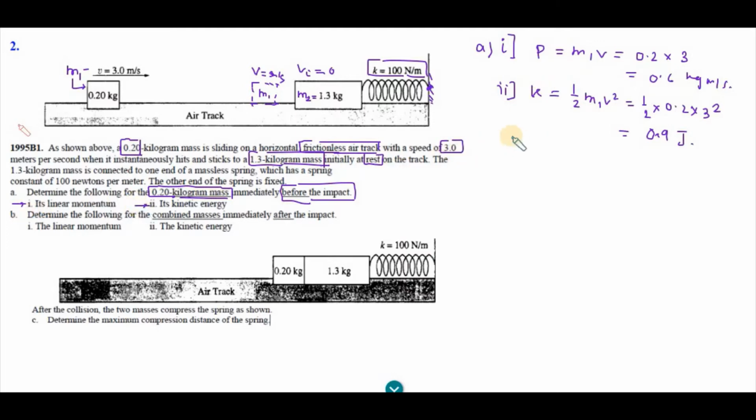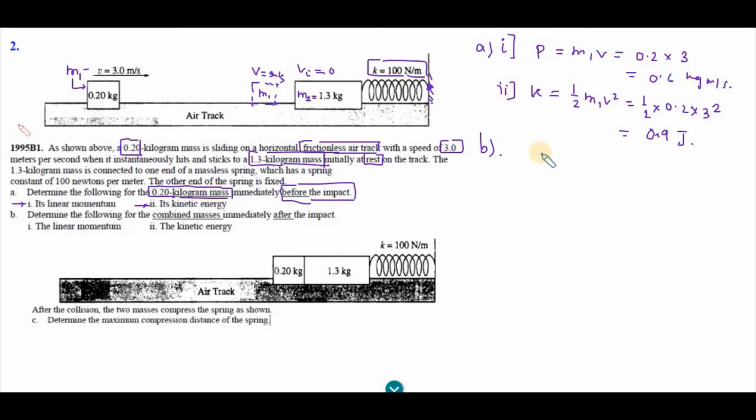Now let's move on to part B. In part B, they are asking to determine the following for the combined masses immediately after the impact. So what would be the linear momentum after the impact? After the impact, we can apply the conservation of momentum.